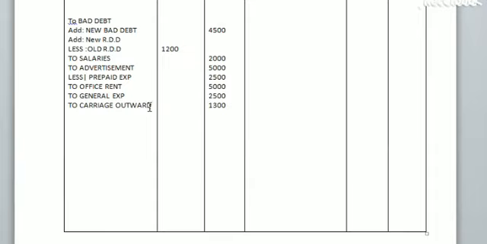Here, after carriage outward, we are going to write to depreciation, motor van and plant and machinery. Amount here we are going to write in inner column.